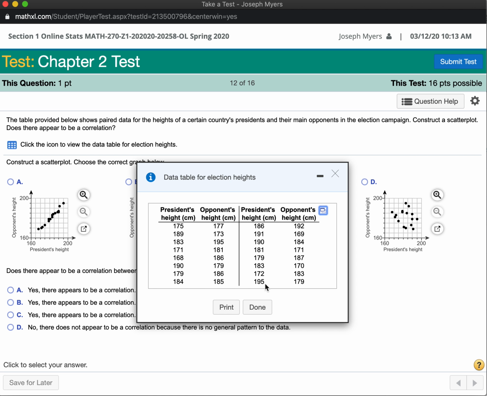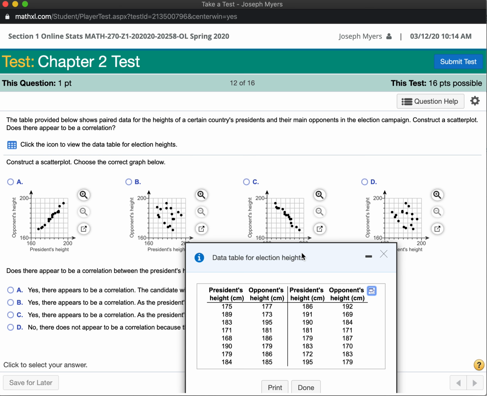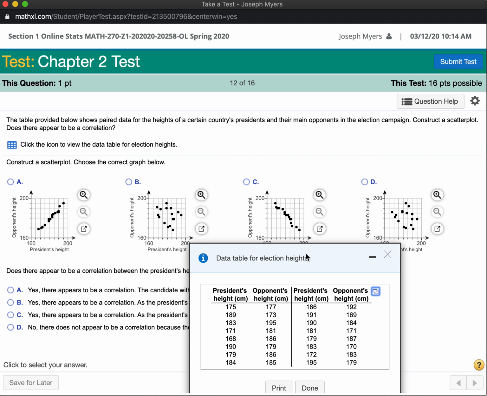So 168 through 195, and at 168, the opponent was 186. So on the left side, it should have a somewhat high value on the graph, and on the right side, it should have a somewhat medium value. So let's move this so we can see the graphs at the same time. On the left side, it has a somewhat high value, so it could be this one. On the right side, it has a somewhat medium value, so it couldn't be that one. So it's either D or B.